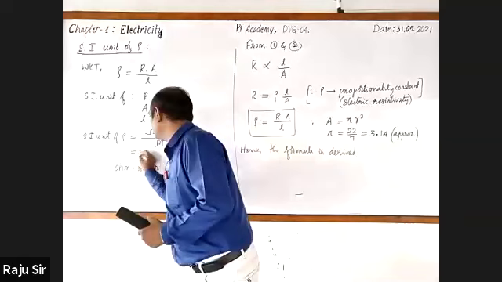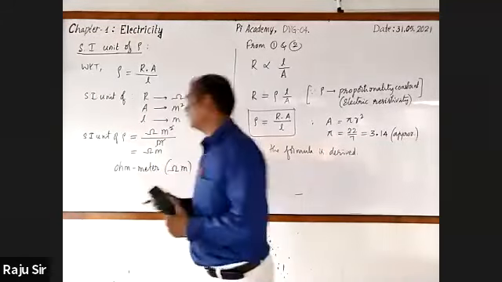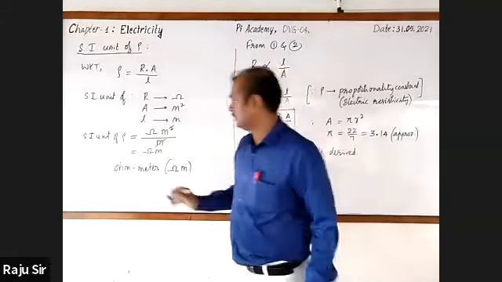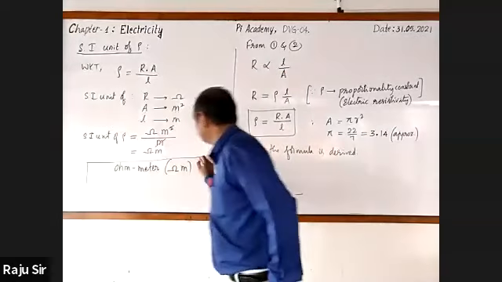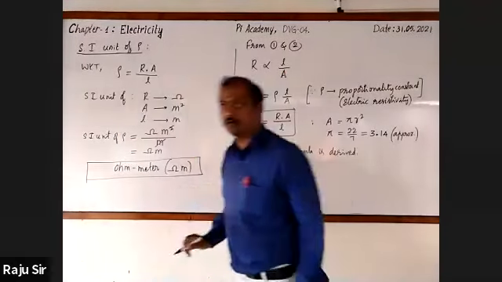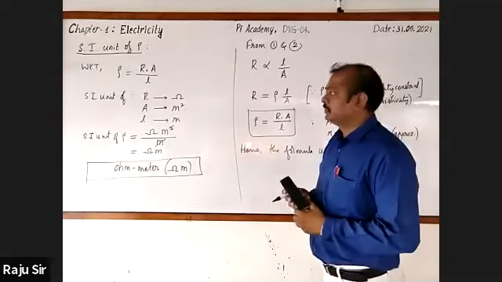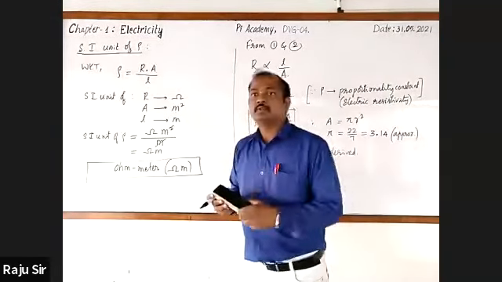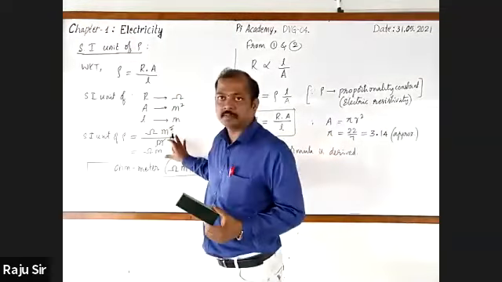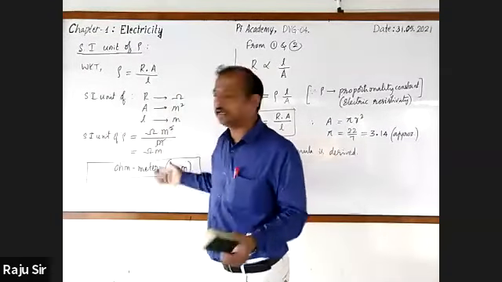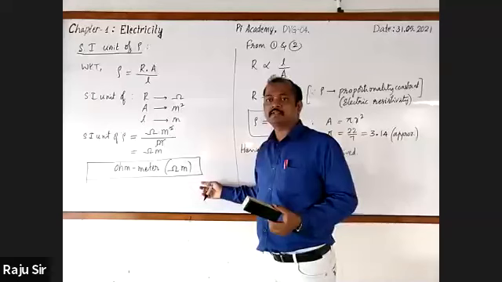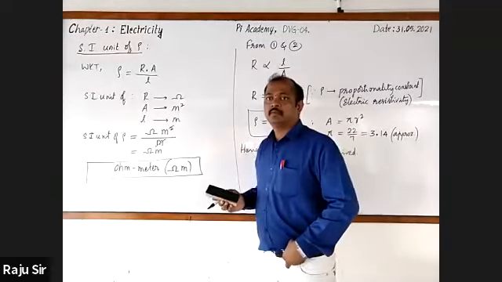This is ohm meter. And you can also write in words like this, ohm meter. If they ask you to find, you will have to follow these steps. If they ask you to write it directly, you can write this. Next.